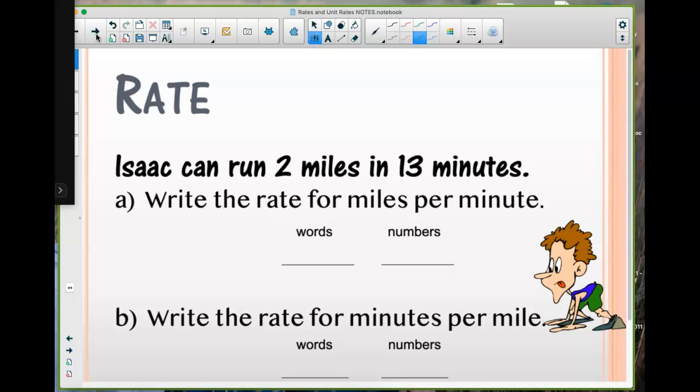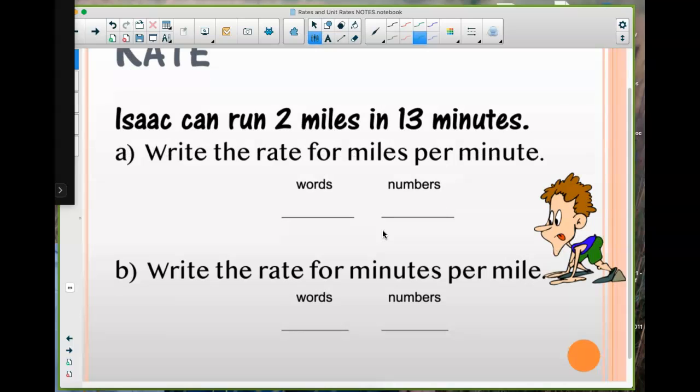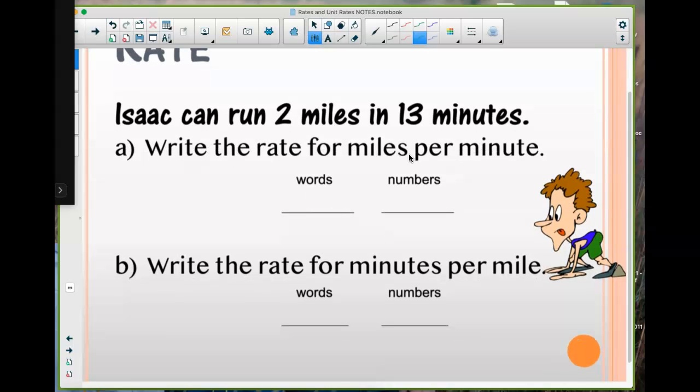Okay, so it says Isaac can run 2 miles in 13 minutes. Now, we're going to write a rate for miles per minute. Now, it's super important that when you read a problem, you pay attention to what they're asking. This one says write the rate for miles per minute.